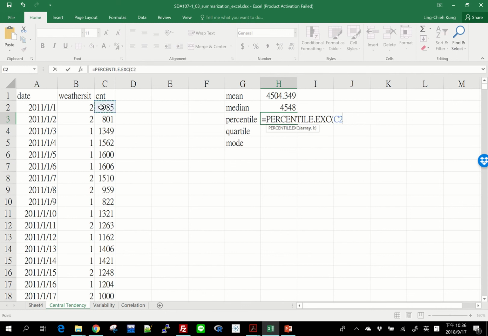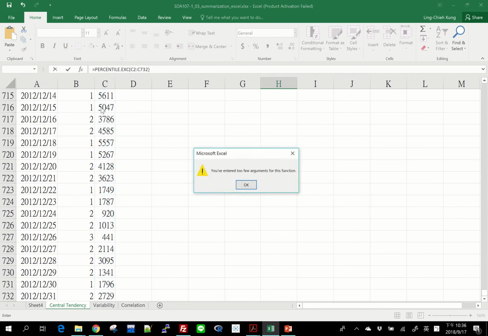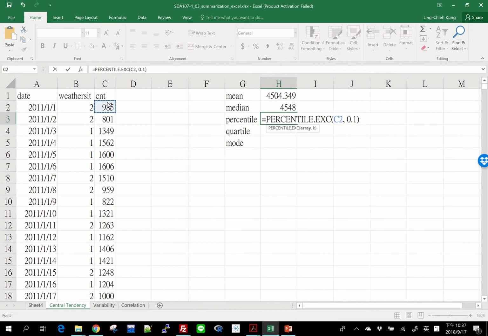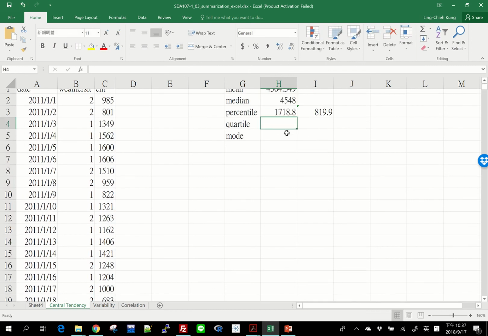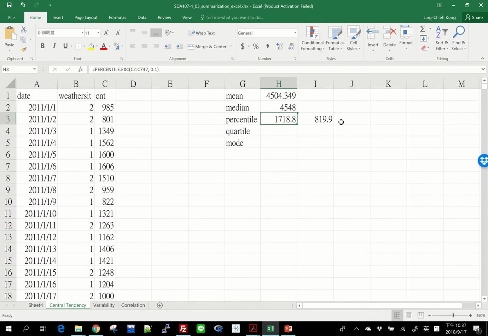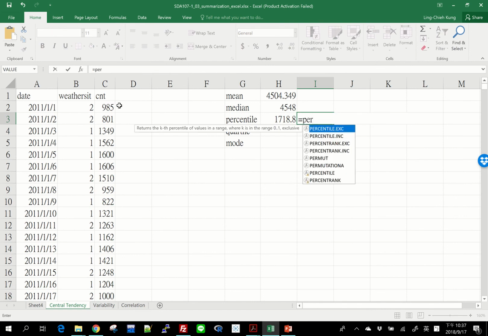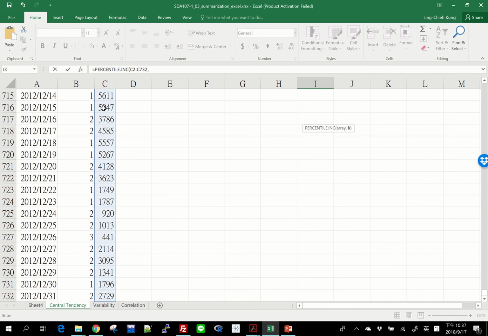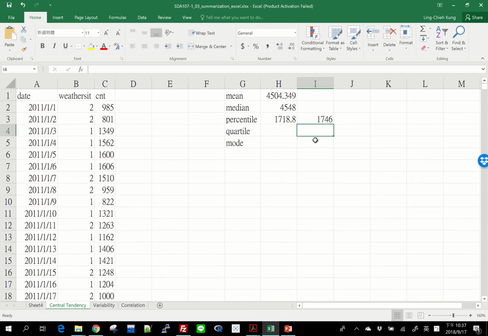So for example here, if I choose all the values, let me do it again. So I'm going to do here for all the values. So I get about 1,700. For here, I do percentile inclusive and all the values and 0.1.